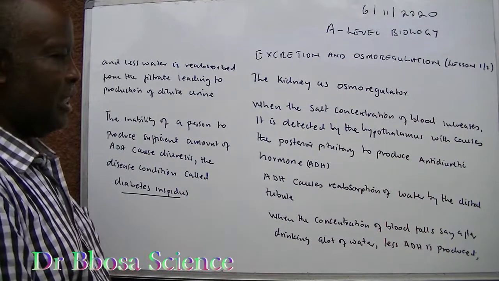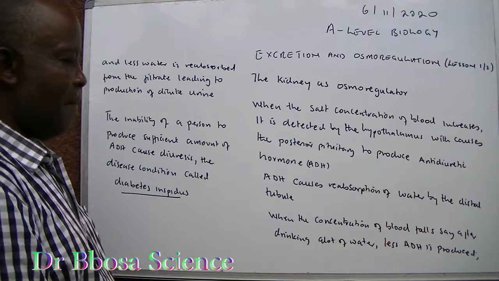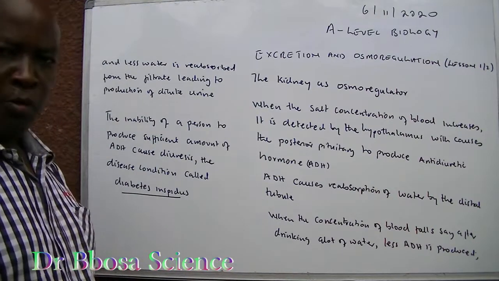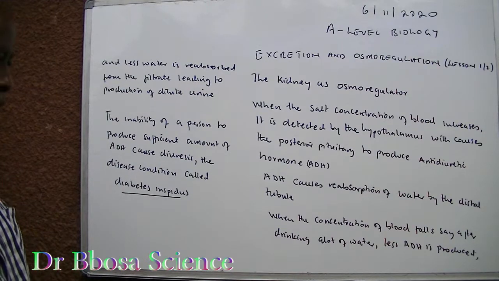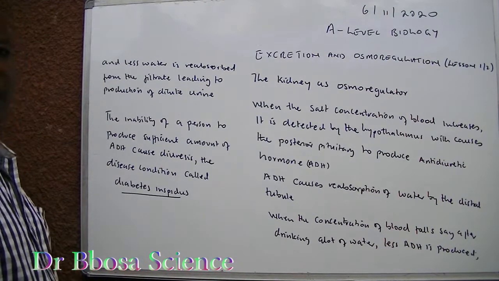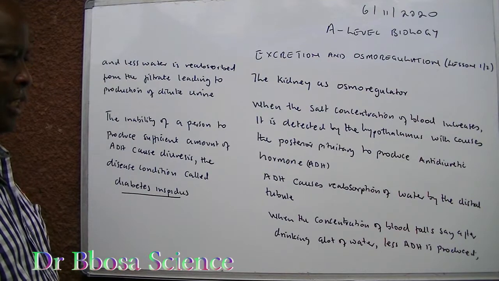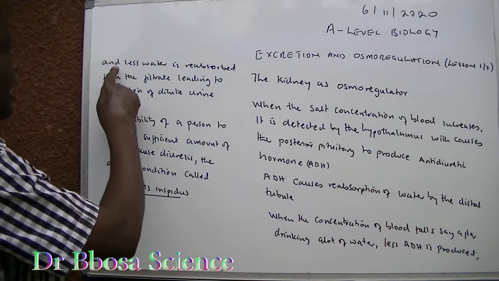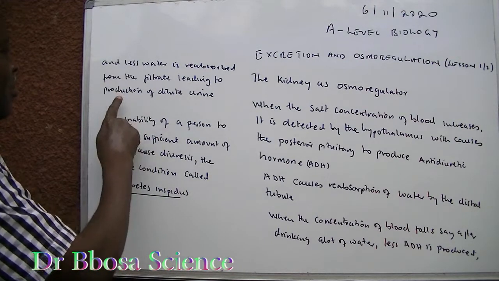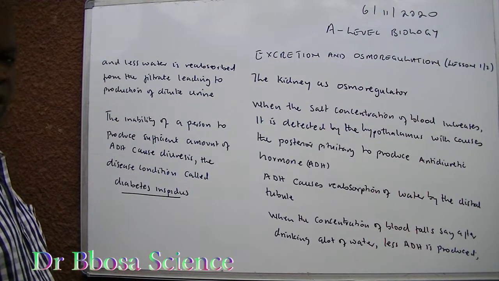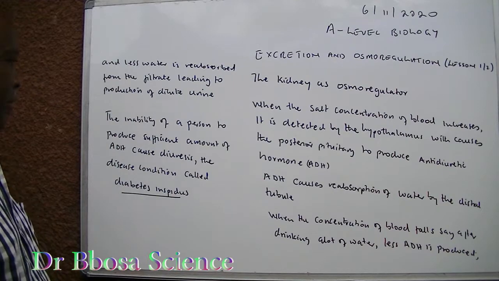ADH causes the absorption of water by the distal tubule. When the concentration of blood falls, say after drinking a lot of water, less ADH is produced, and less water is reabsorbed from the filtrate, leading to production of dilute urine.